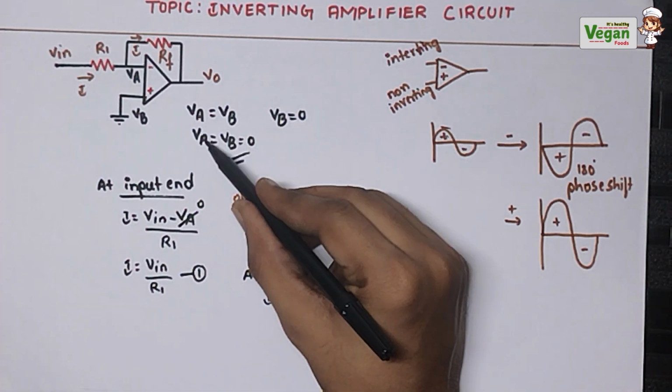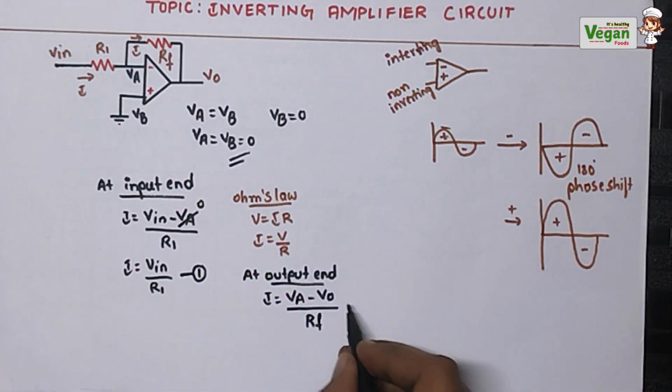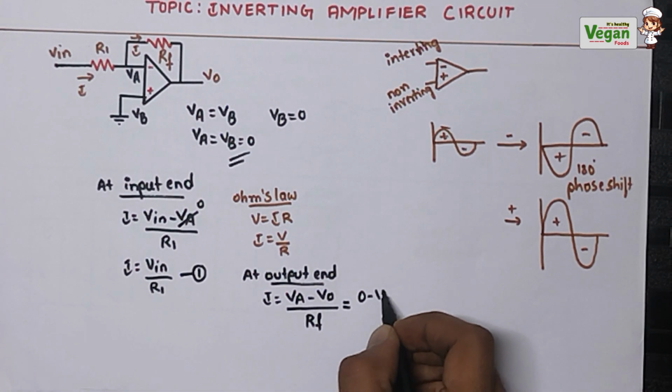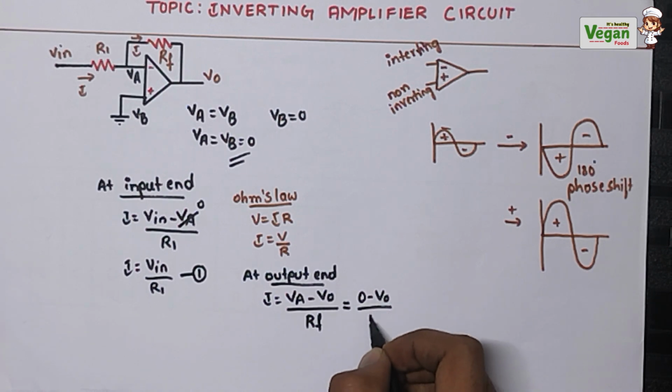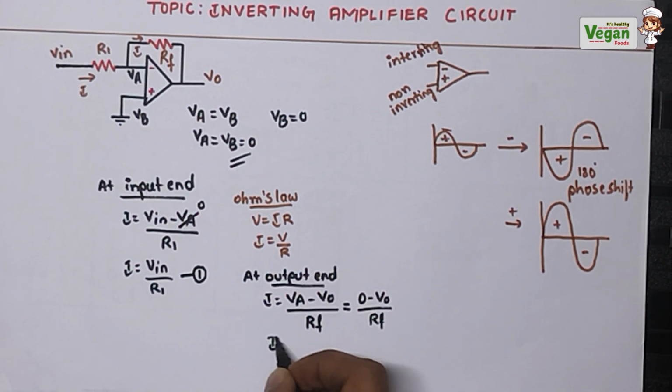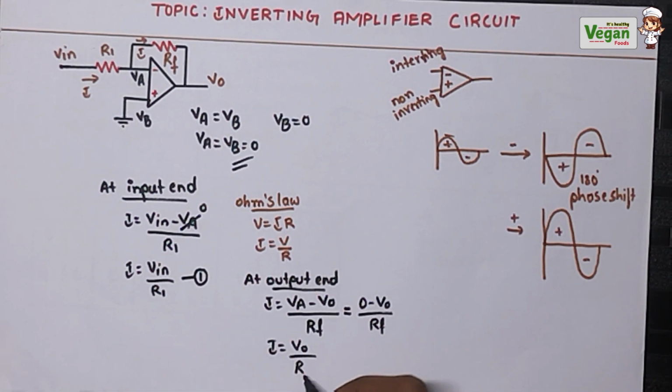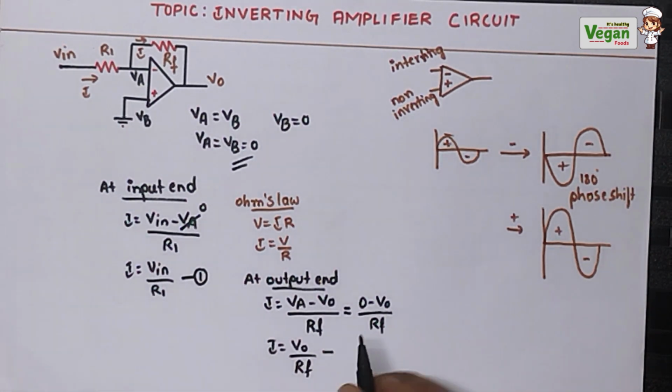We know VA is equal to 0. So let's substitute: 0 minus V0 divided by RF. So I is equal to minus the output voltage divided by the feedback resistance. Let's call this equation number 2.